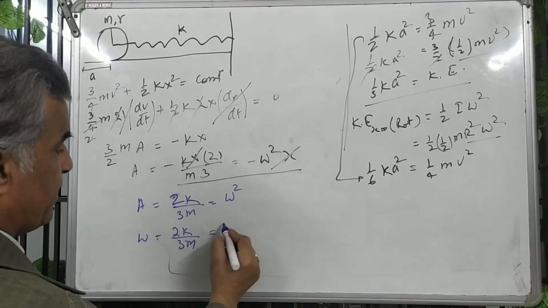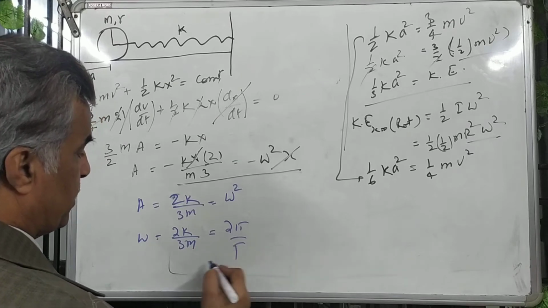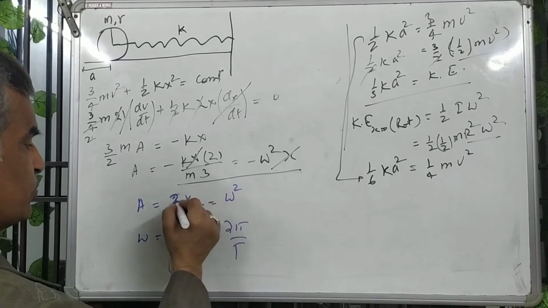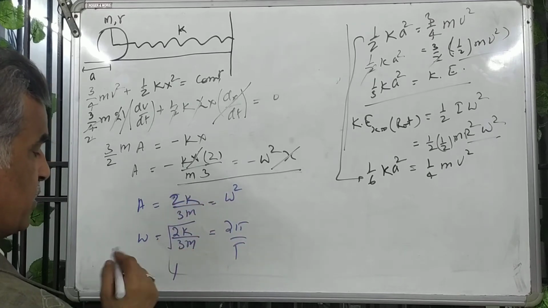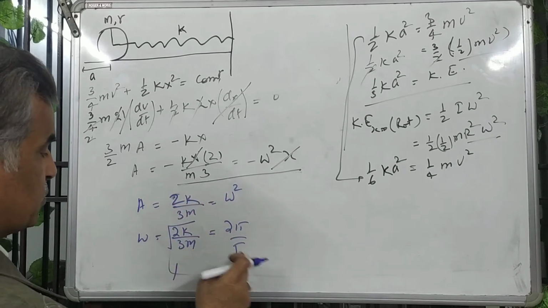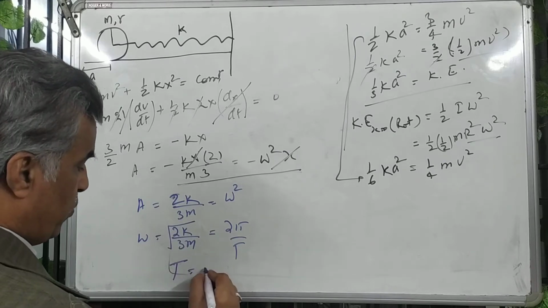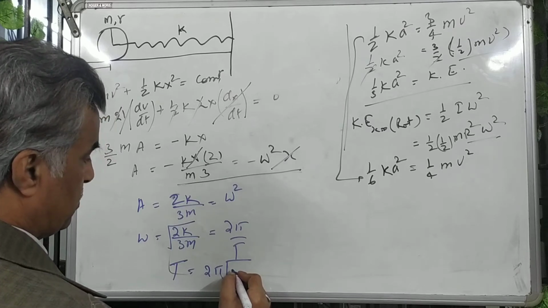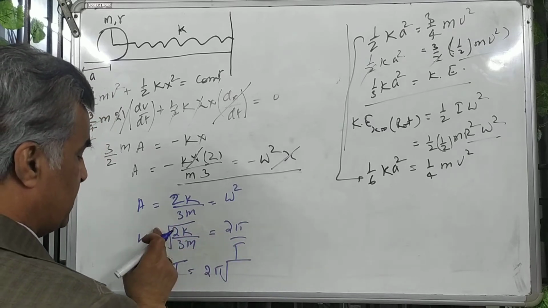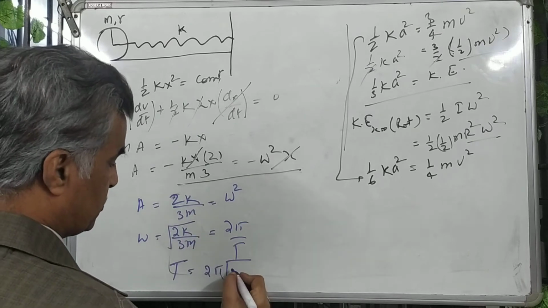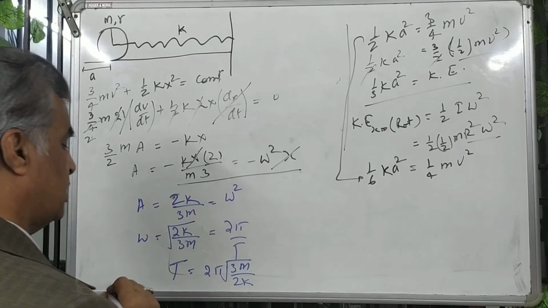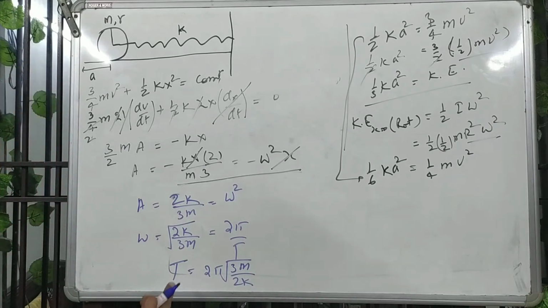Omega is 2 pi by T. So T, take this side. And one more thing, omega square equals this, so omega equals root, and omega is 2 pi by T. So T equals 2 pi root, T is this side and this will be this side, so this will be 3m upon 2k. This is the answer, and this was to prove. You have proved.